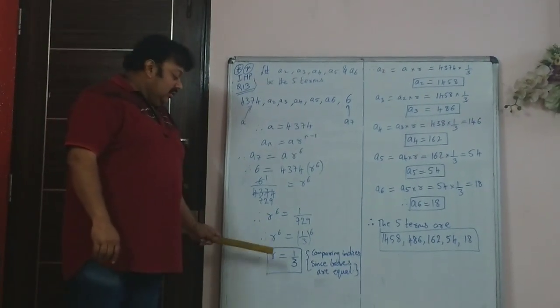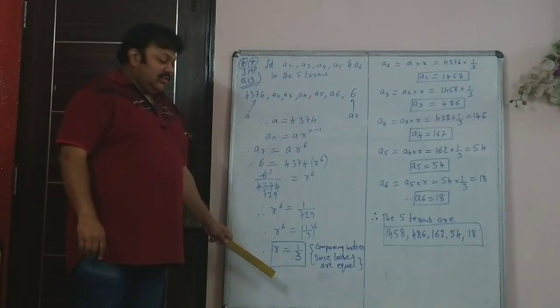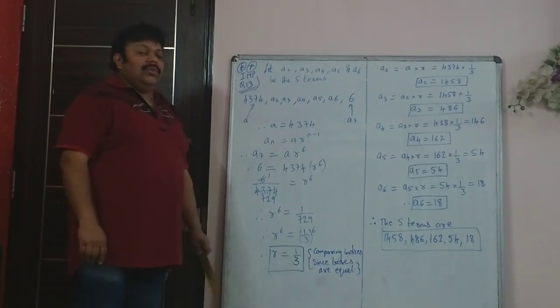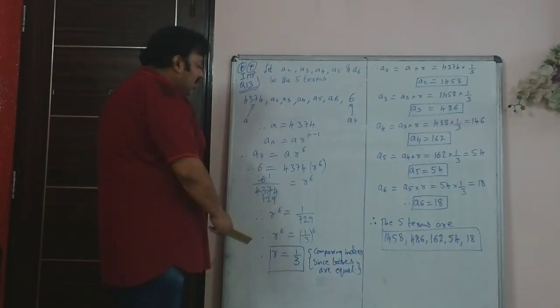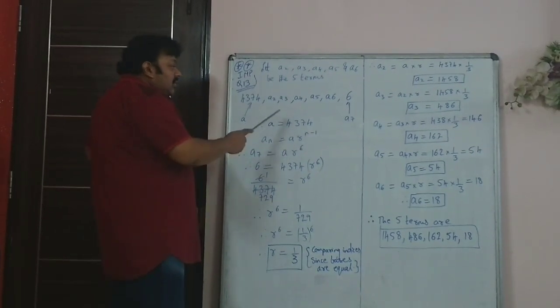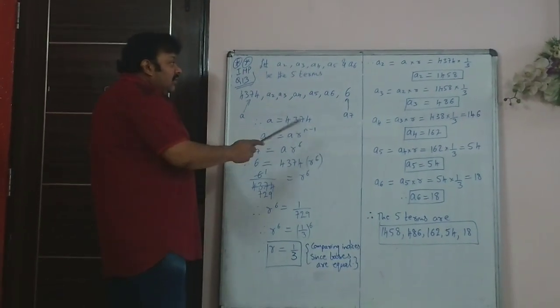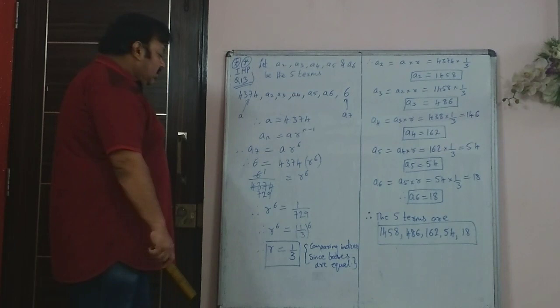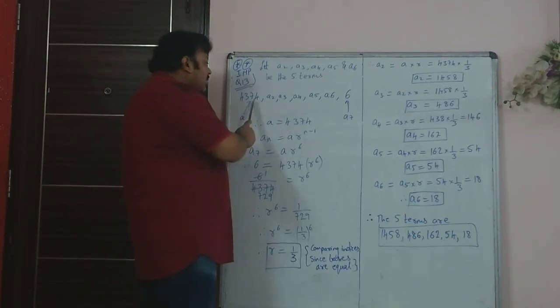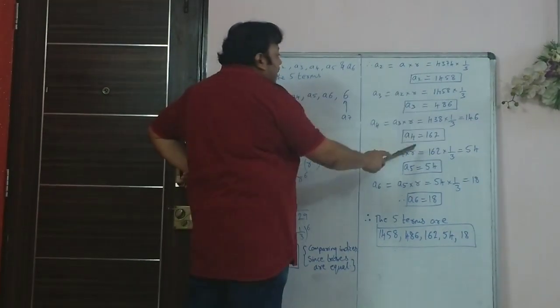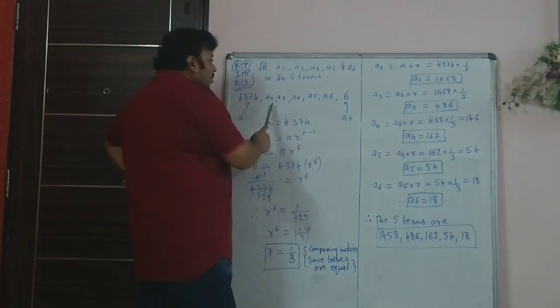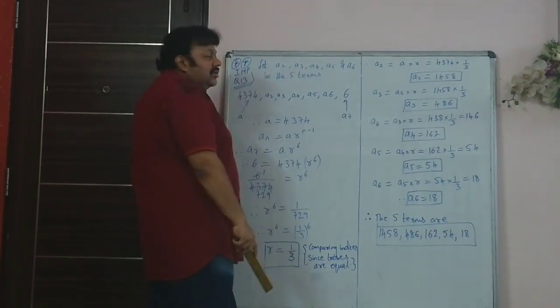Indices are equal, so bases have to be equal. So r is equal to 1 by 3. Now a2 is equal to a into r. So 4374 is a and r is 1 by 3. So the second term you have got 1458.